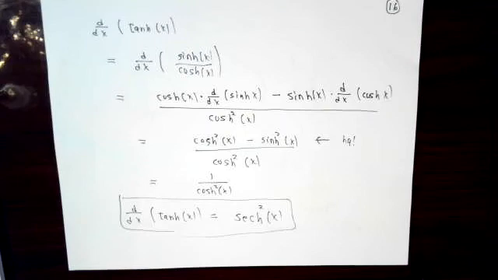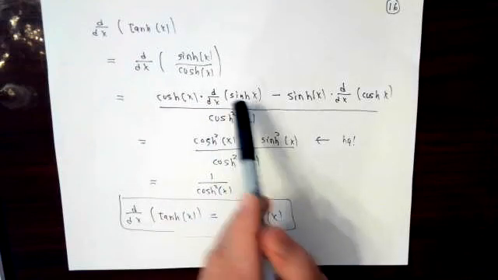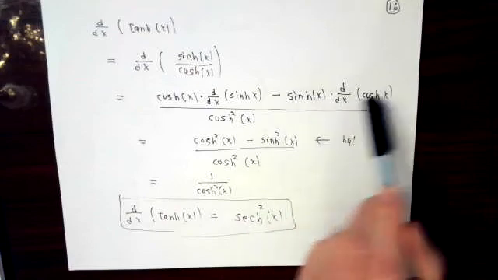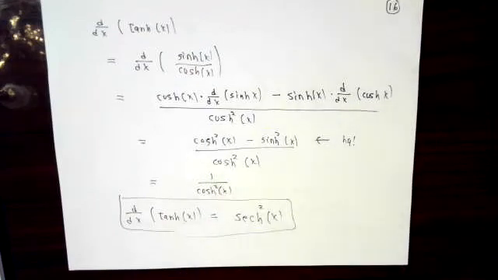Lastly, I want to calculate the derivative of the hyperbolic tangent function. It is not productive to write it in terms of the exponentials. I'm going to write it as hyperbolic sine over hyperbolic cosine, and then just use the quotient rule to calculate the derivative. So one needs the bottom times the derivative of the top minus the top times the derivative of the bottom over the square of what used to be on the bottom.